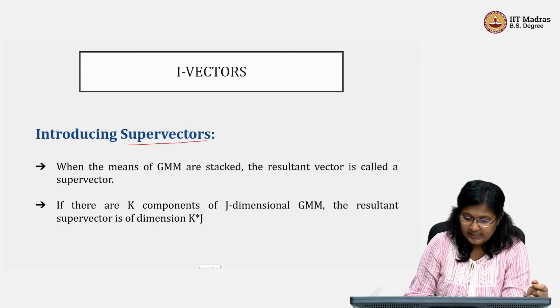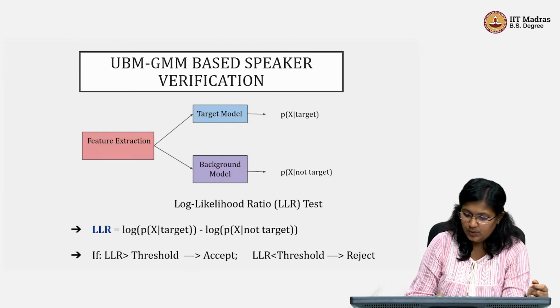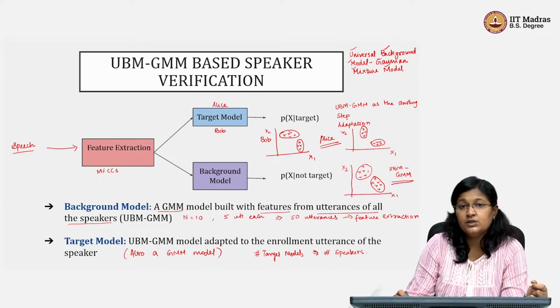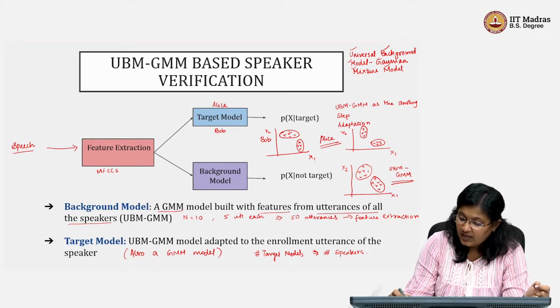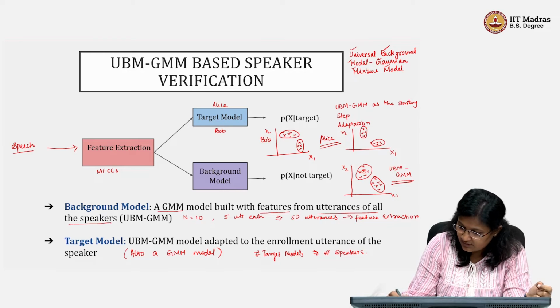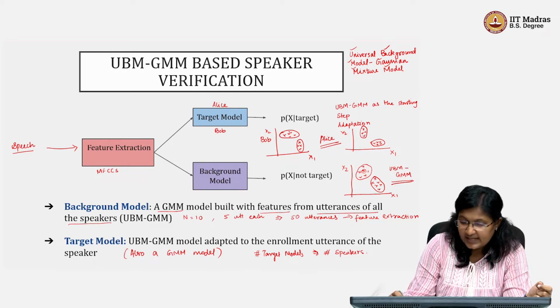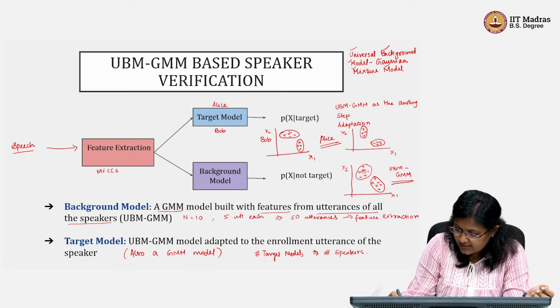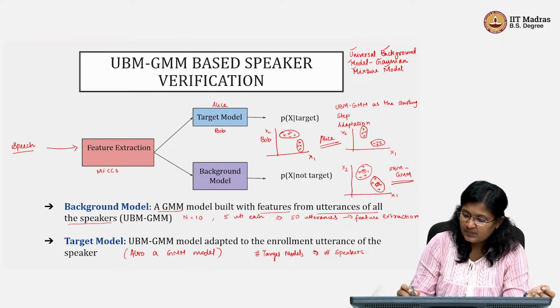So in a GMM, I just want to go back to show you. This is a 2D GMM with two mixtures. If this is my class center, or rather I would say the mean of the first mixture, and this is the mean of the second mixture, then how do I represent this mean?